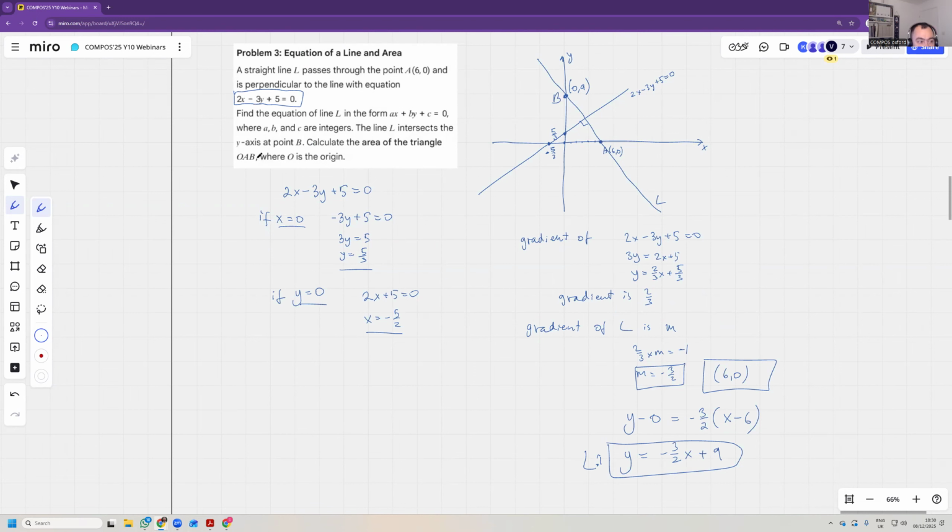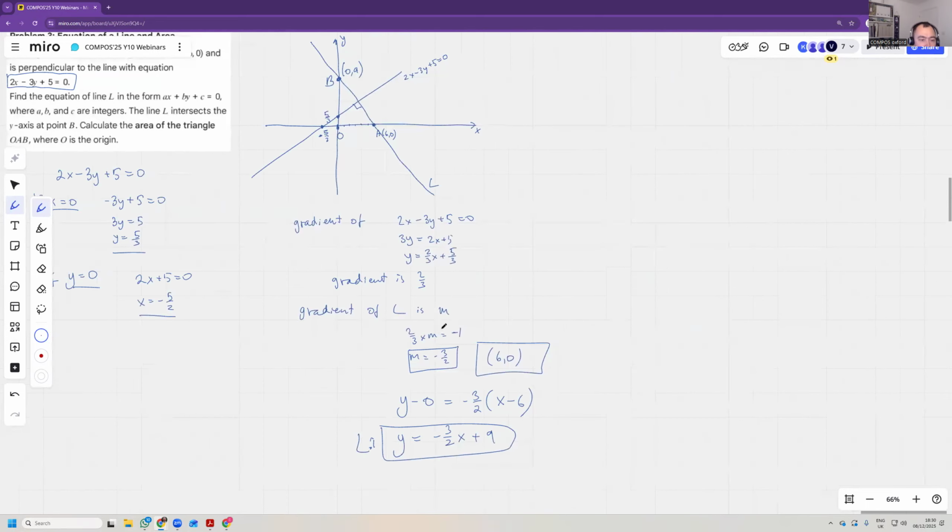Calculate the area of the triangle OAB. This is OAB. Well, that is straightforward. Area of triangle OAB. Well, we know that this side is 9.